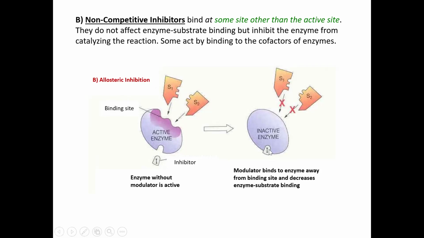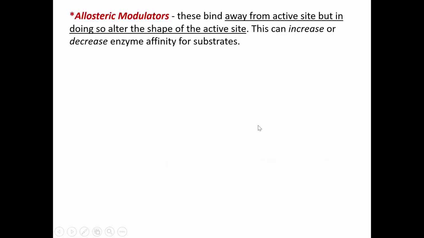Now when it binds, it causes a change in conformation of the enzyme active site, and as a result, the substrate will not be able to bind. The modulator that binds to the enzyme away from the binding site decreases enzyme-substrate binding. You have the enzyme being inactivated.